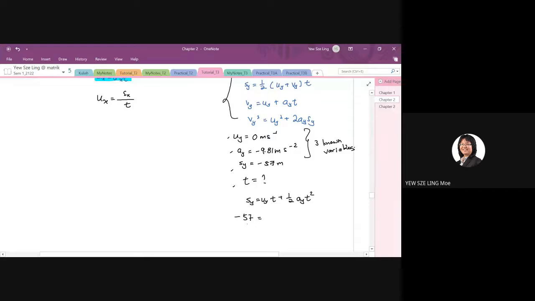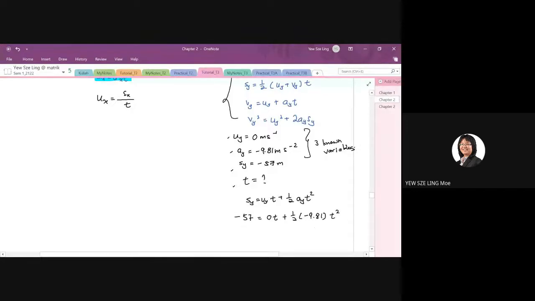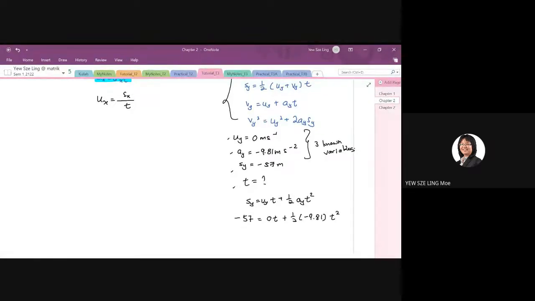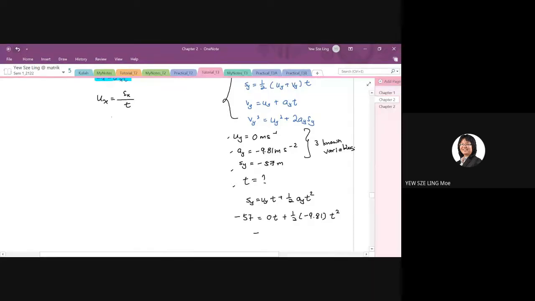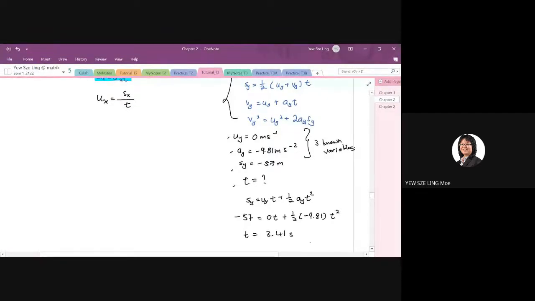So negative 57 equals 0t plus 1 over 2 negative 9.81 t squared, right? If you calculate it correctly, the time is equal to 3.41 second.